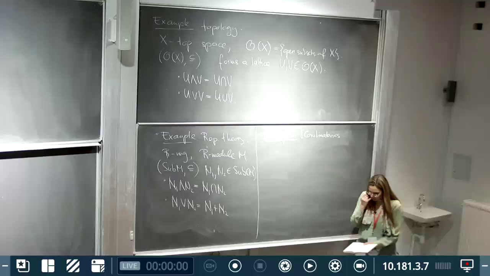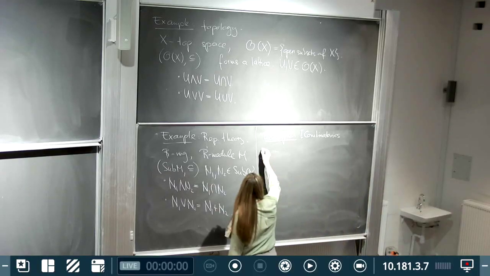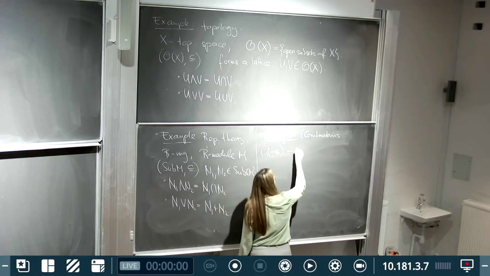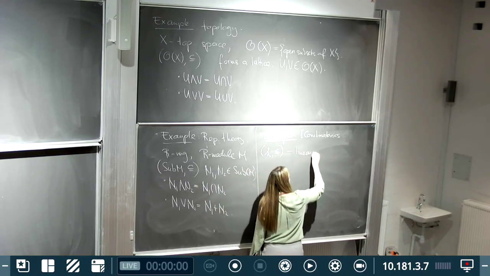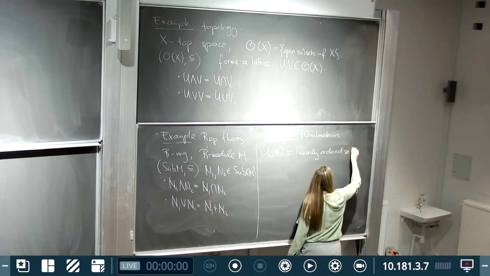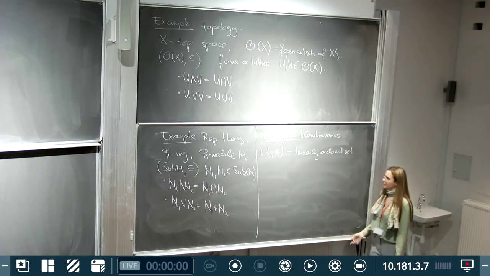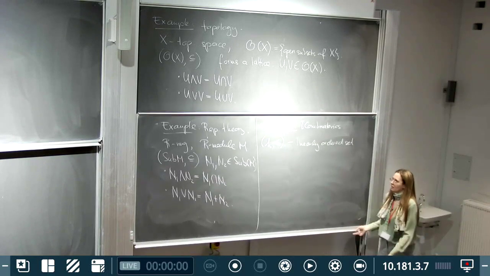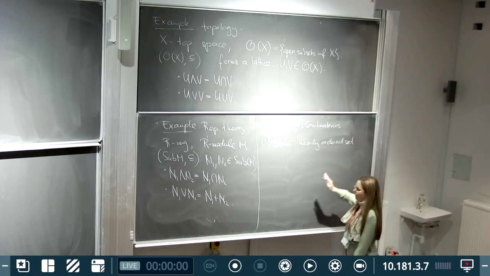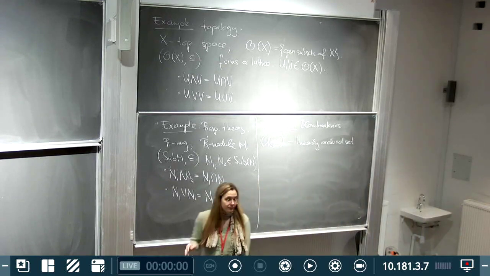We start off with a linearly ordered set. You could take Z, or you could take a finite set 0 up to some number n. You consider that under the standard linear order.